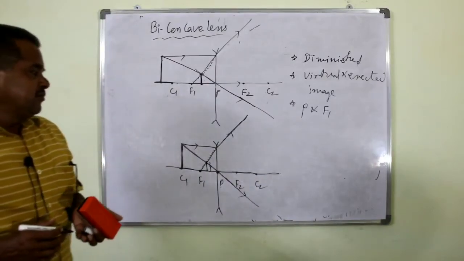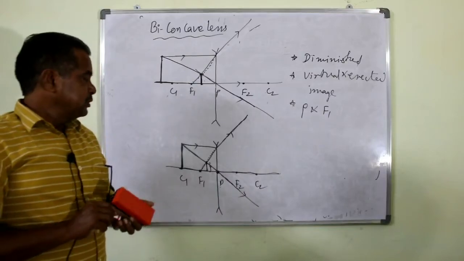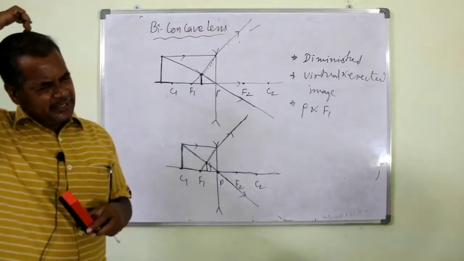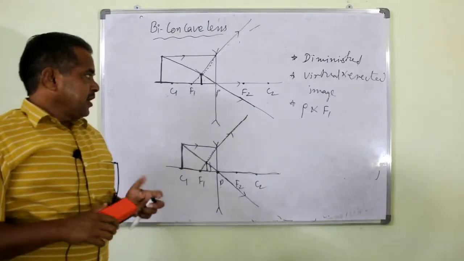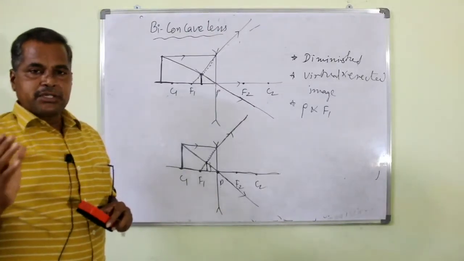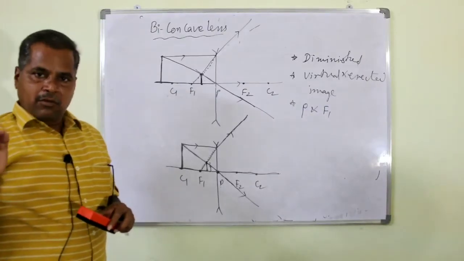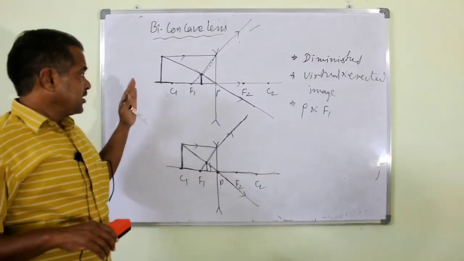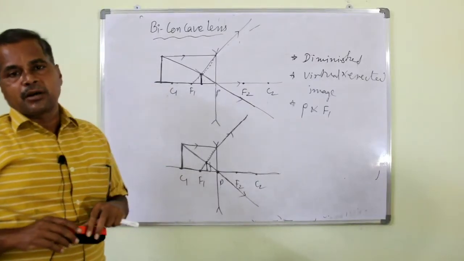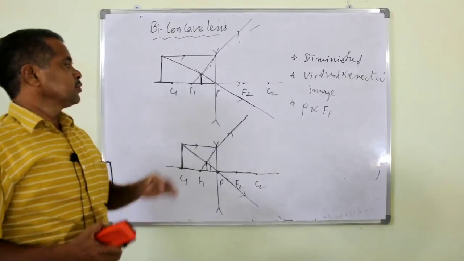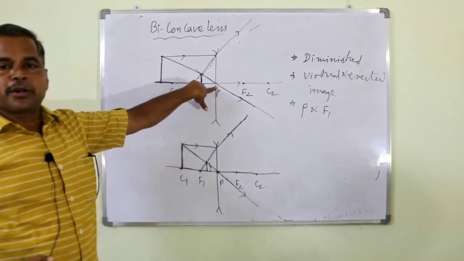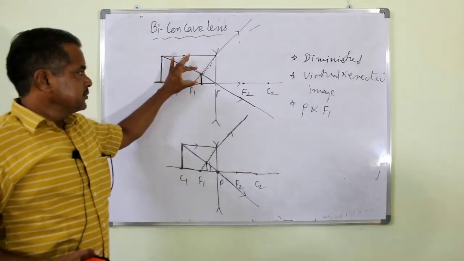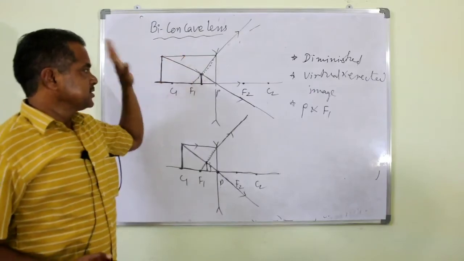That's why we don't need to draw the ray diagrams for every case of a biconcave lens, because we have 6 cases for biconvex, but only one case for biconcave lens. Wherever you put the object in front of a biconcave lens, every time the image is formed between focus point and optic center; the image is diminished, erect, and virtual.